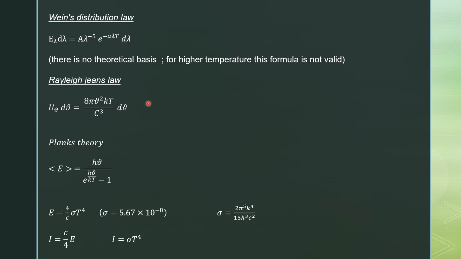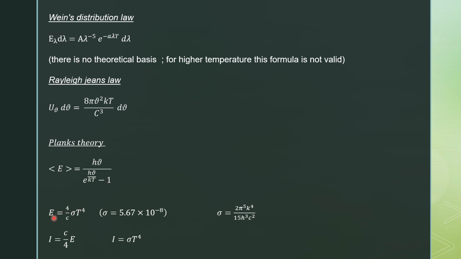Then comes Rayleigh's law. So here u nu d nu is equal to 8 pi nu square kT by c cube d nu. Again, we know that from Planck's theory, the average energy can be written as h nu by (e to the power h nu by kT minus 1).